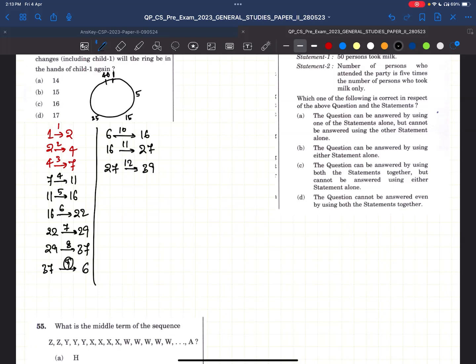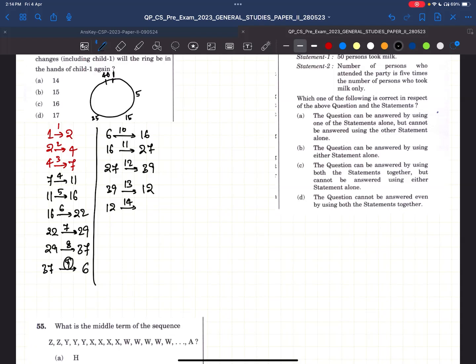It will become 39. From 39, we need to add 13. After 39, there is 40. So 1 person is gone. In 13, 1 person gone, means 12 persons are remaining. So he will go to the 12th person. From here, the ring will be given to the 14th person.